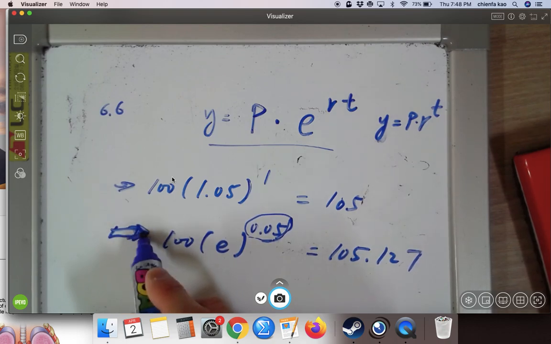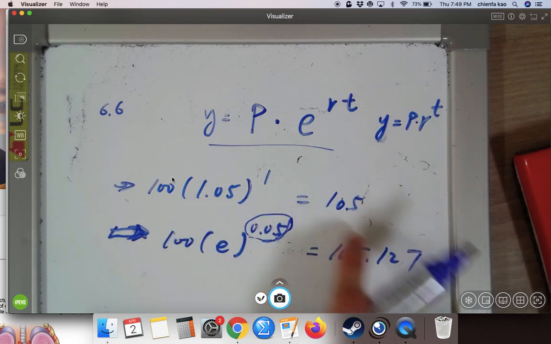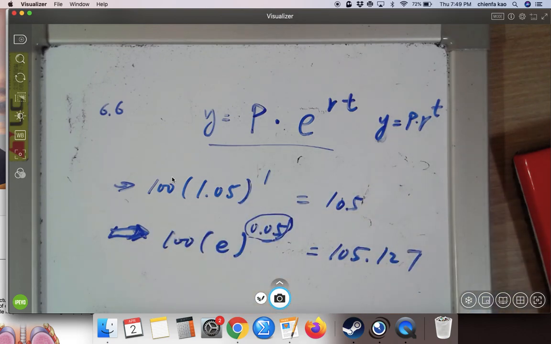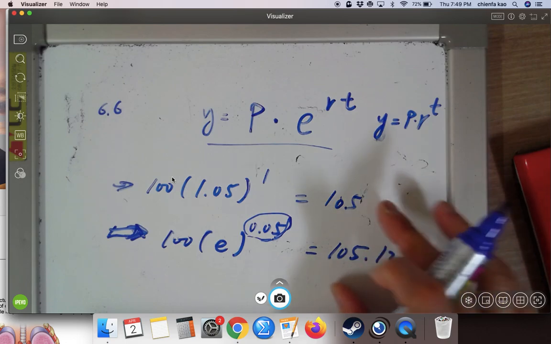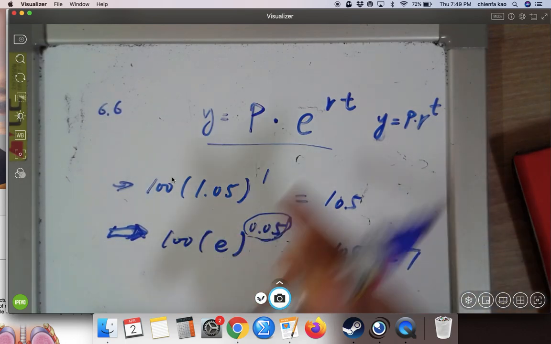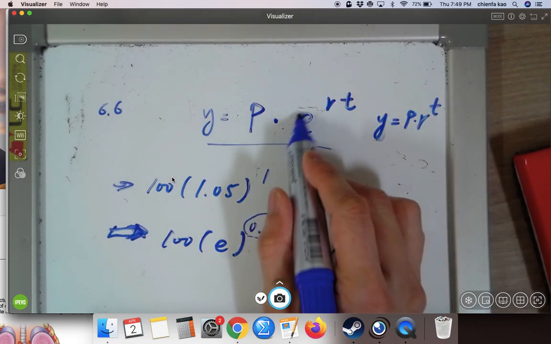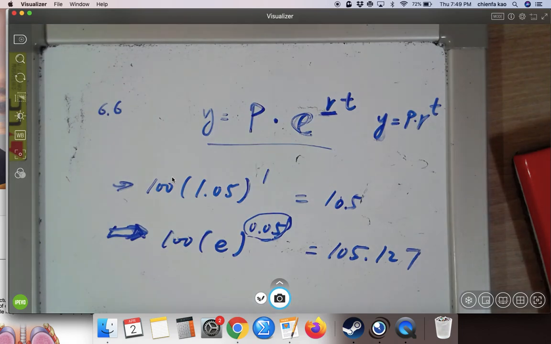The reason why we do this more is just because it's simpler, and you can see that the difference is not too big. It does matter in the grand scheme of things, but for now, we just use this simple one right here. But you need to know how to use it. So e is a number, use that in your calculator. r is just the regular interest without the 100%.